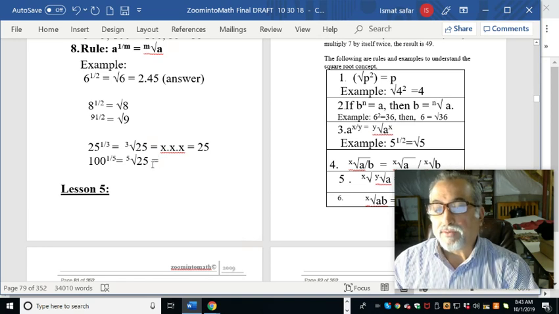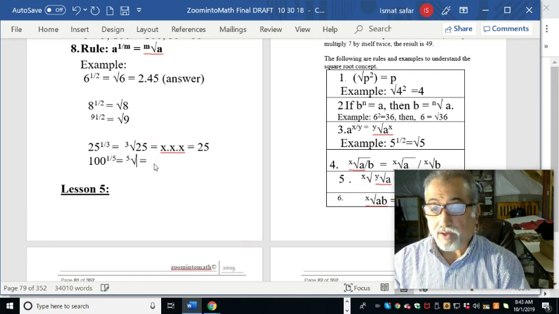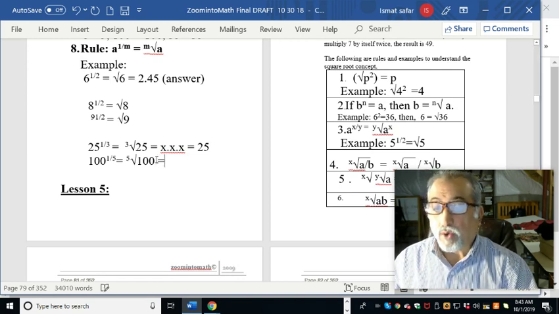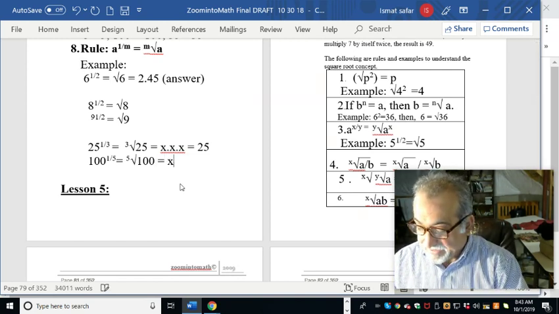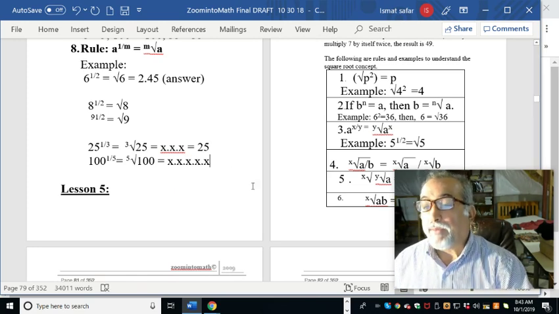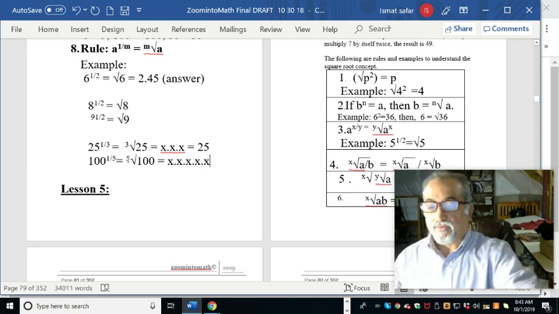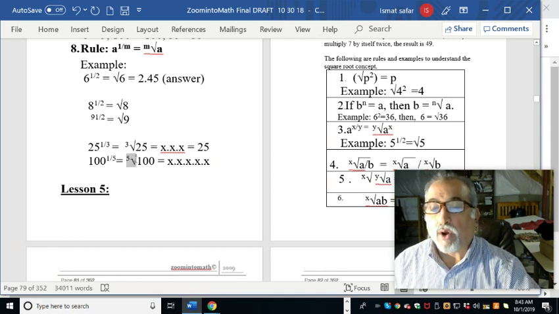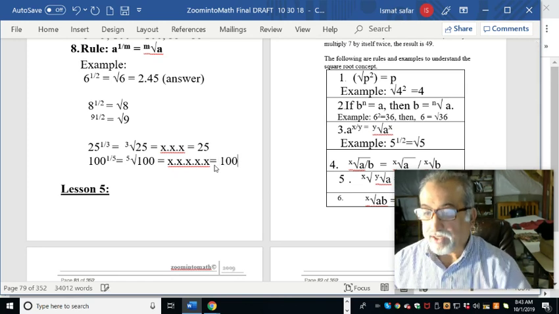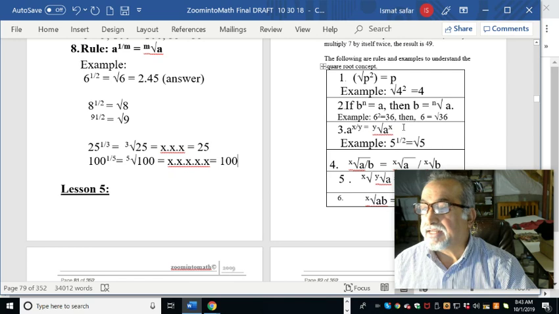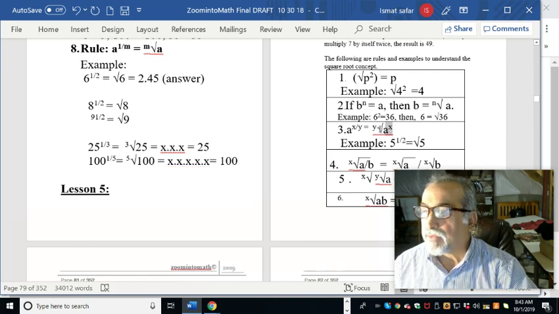If we have 100, this should be 100, so it equals a number x times x times x times x times x, 5 times. Why? Because it's the fifth root. The 5 is on the top of the square root symbol, or to the left side. So what does that mean? We need a number that if you multiply it by itself 5 times, it will equal 100. And that's exactly the rule I'm talking about.